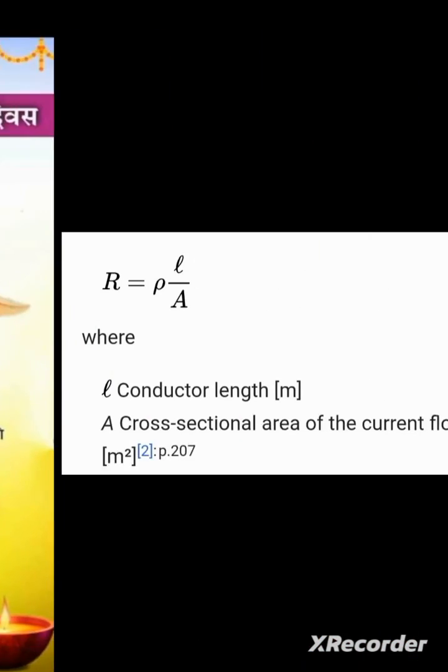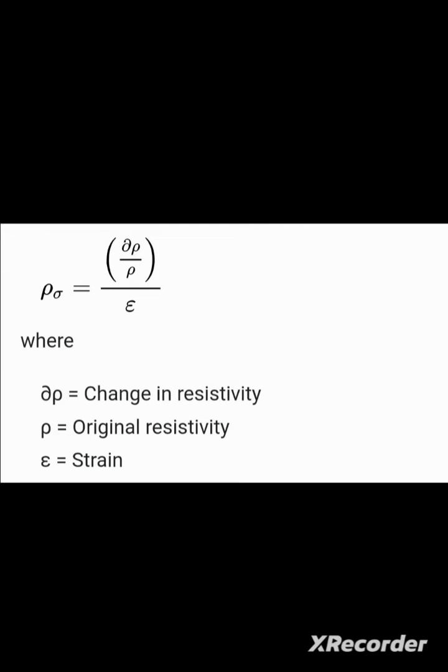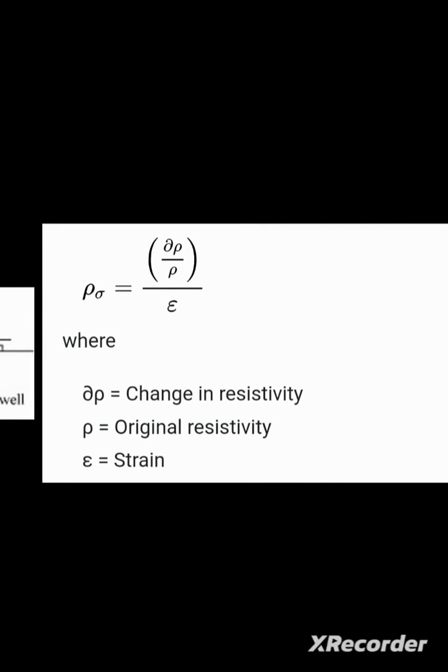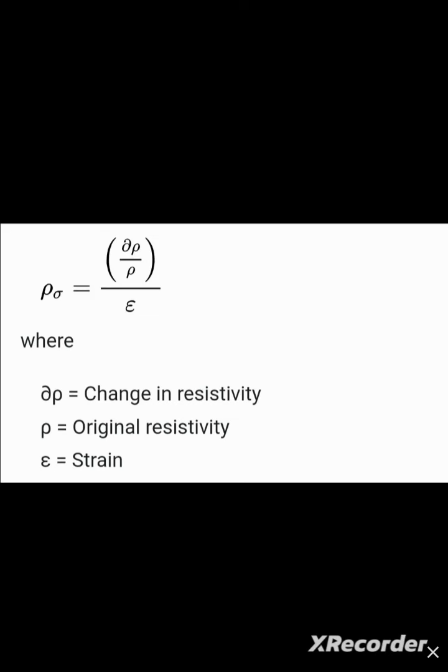What about this equation that we see? So this equation tells us a resistivity constant is given by the normalized value of resistivity right here, del rho over rho, divided by the applied strain.